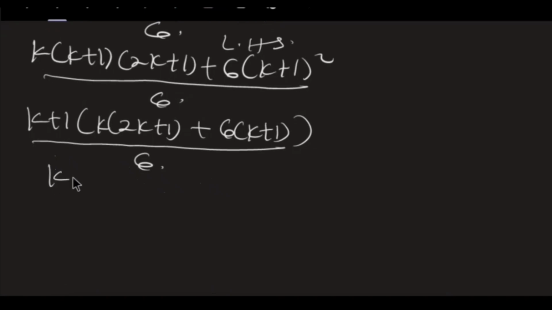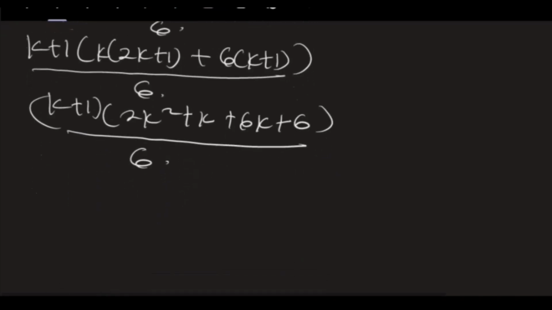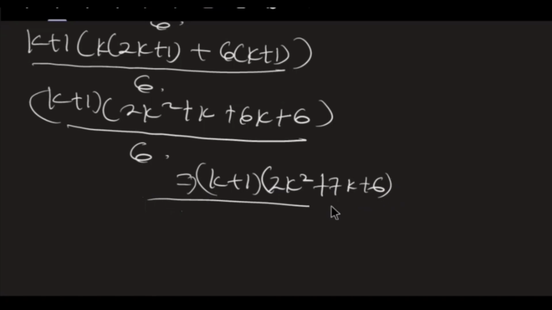So k plus 1 here is going to be 2k squared plus k plus 6k plus 6 all on 6. And simplifying this, I'm going to get k plus 1 multiplying 2k squared plus 7k plus 6 all on 6.